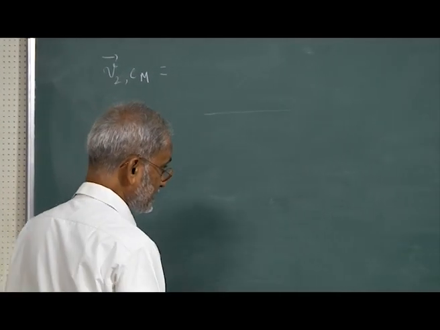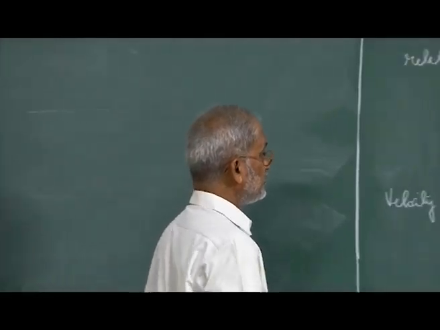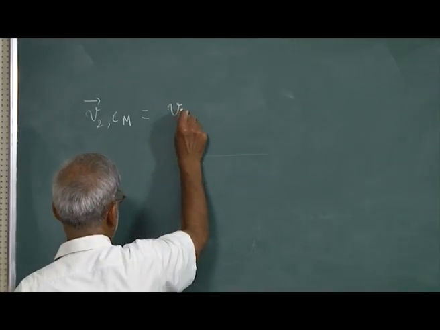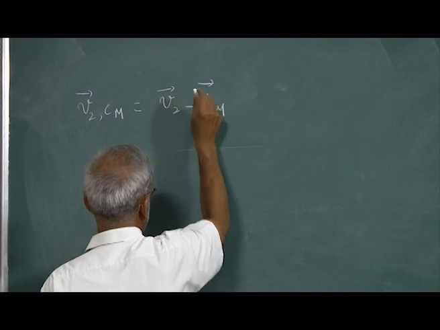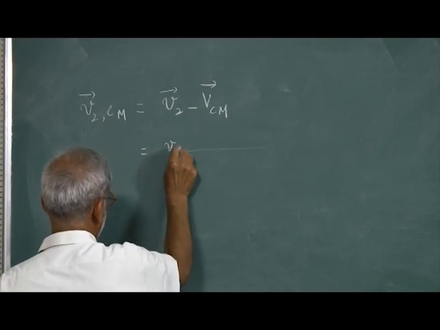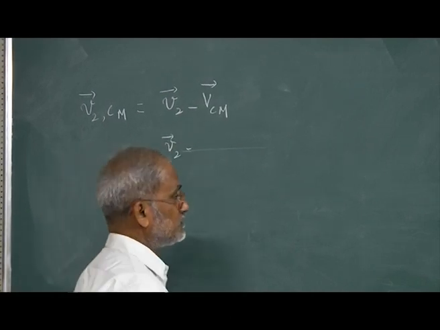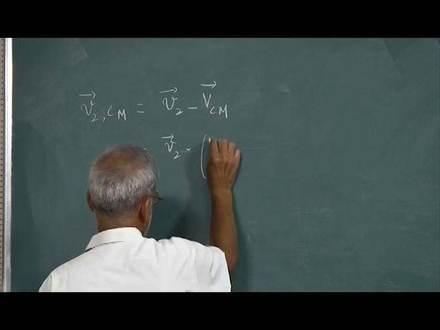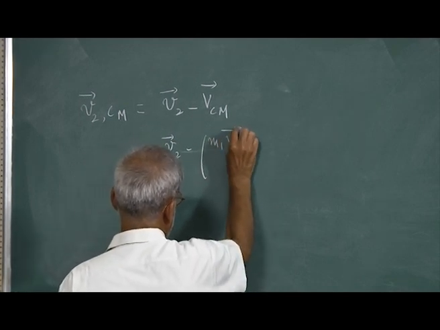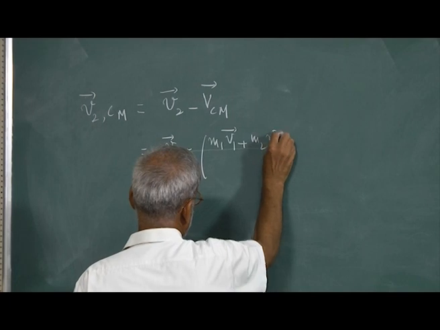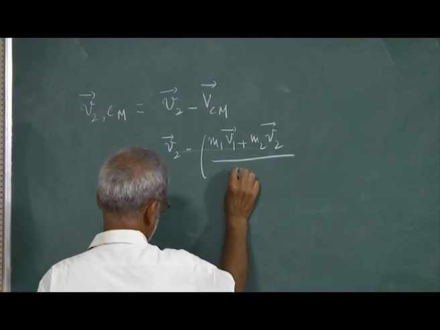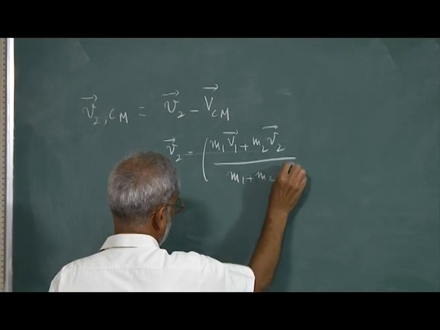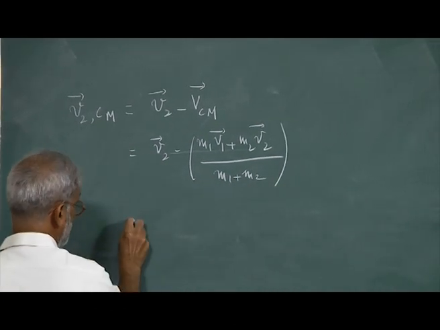Again I will do the same thing, V2 minus V center of mass, this is equal to V2 minus m1 V1 plus m2 V2 divided by m1 plus m2, right.